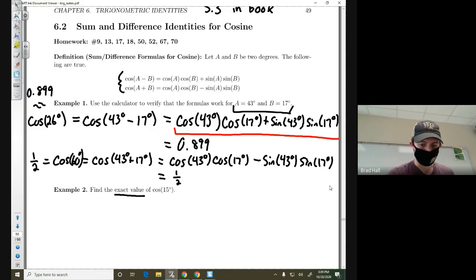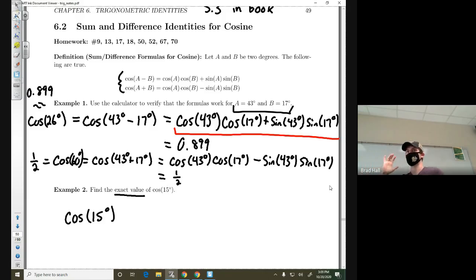So the question is, how do we find the exact value of this thing when the calculator is giving us this weird decimal approximation? The answer is we need to figure out a way. So what do we know currently?